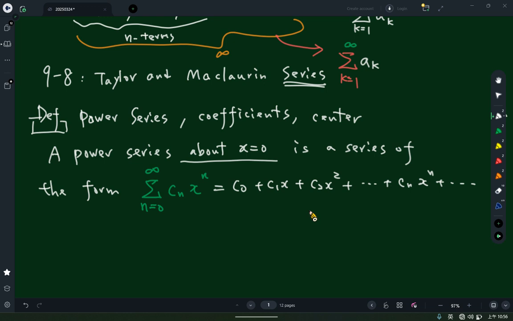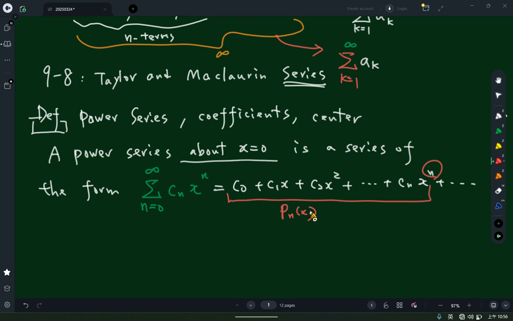So that means if we just stop here, you can regard it as a polynomial of degree n. Then we say this is a polynomial Pn(x). We just stop at x to the power of n.